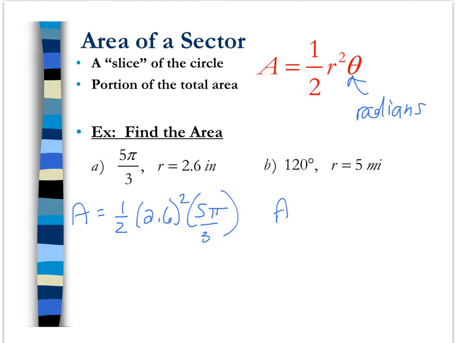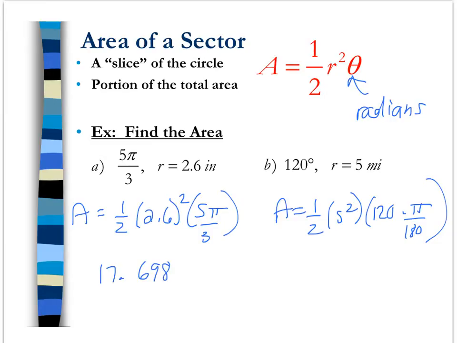For the second one, 1/2 times 5 squared times 120 times pi over 180. And our answers are 17.698. And this one over here I have exact because I would imagine that that would be on a no calculator portion. Remember, units for area of a sector are square units, and units for arc length are linear units without the square.